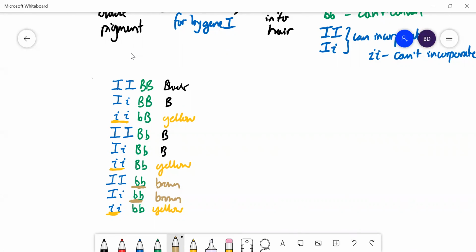Now the next thing we're going to do is a cross between two double heterozygotes. So let's say we get these dogs. Two double heterozygotes. And what would they be actually? They would both be black dogs, wouldn't they?